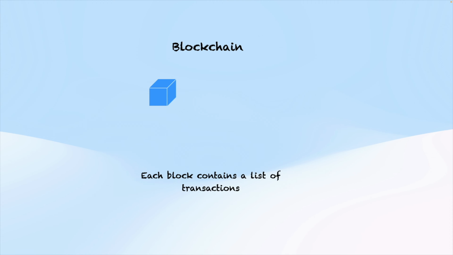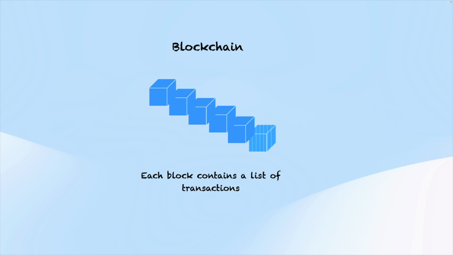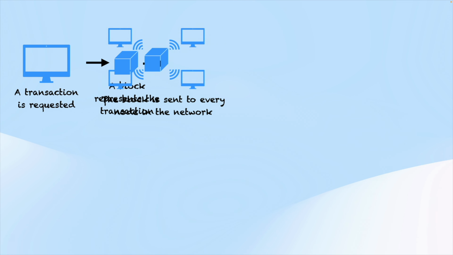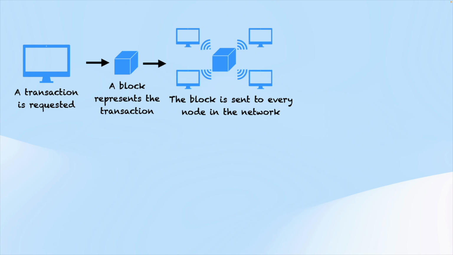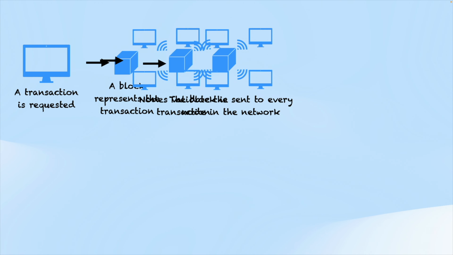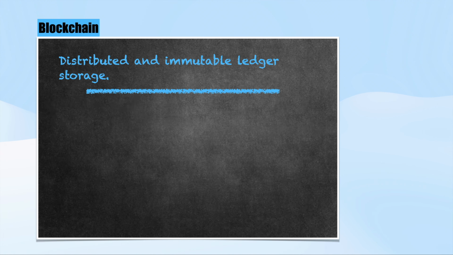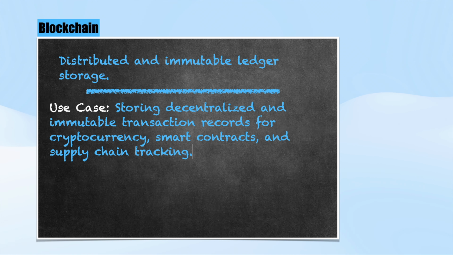Each block in a blockchain contains a list of transactions, and once a block is added to the chain and verified by multiple participants across a distributed network, this ensures that the data is auditable and trustworthy, which is why blockchain is so popular for applications requiring transparency, security, and decentralization. Blockchain databases are commonly used for cryptocurrencies today, where they serve as the underlying technology for digital currencies like Bitcoin and Ethereum.